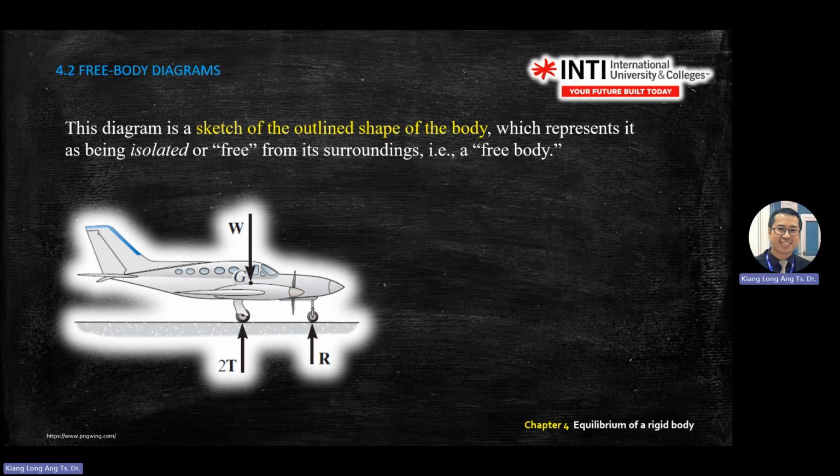Here it shows contact surfaces. When an object has contact with any surface, there is a normal force. In this case, R means reaction force: when you put any object on a surface, there is a reaction there.